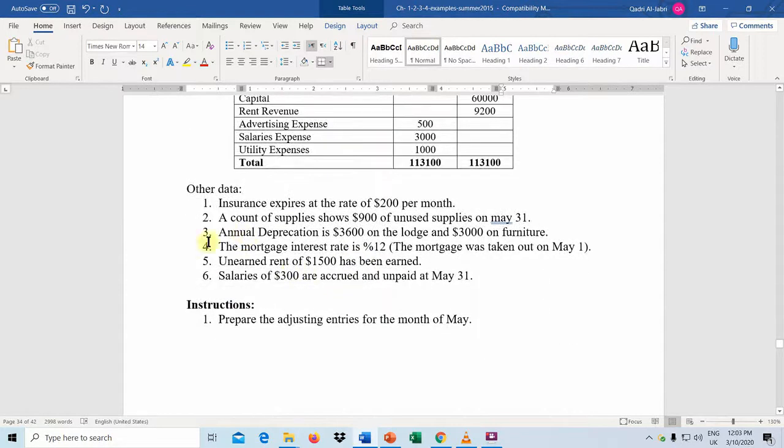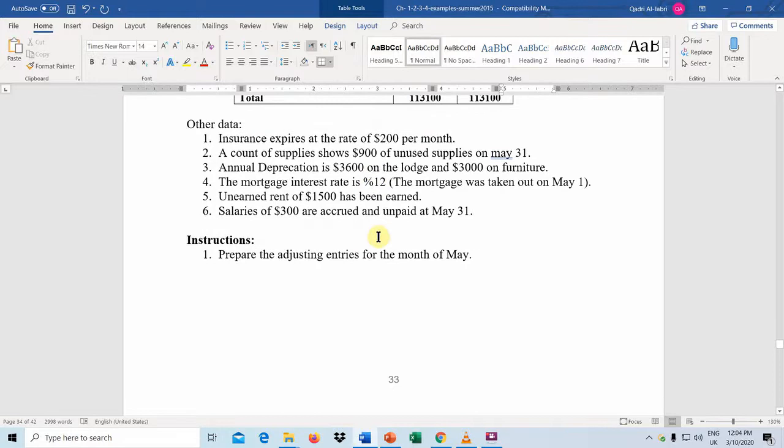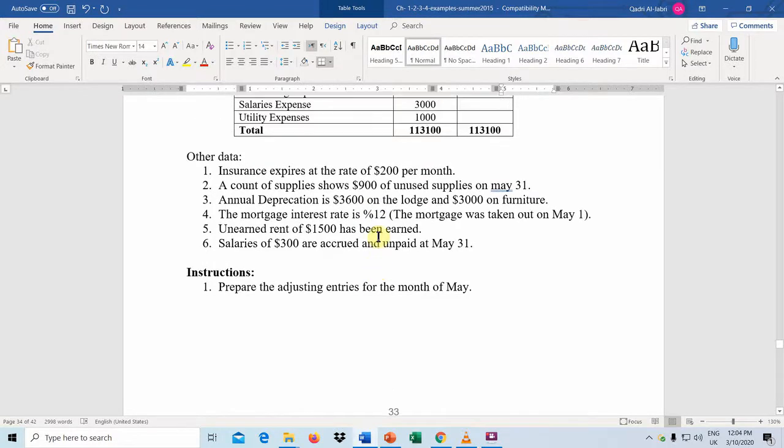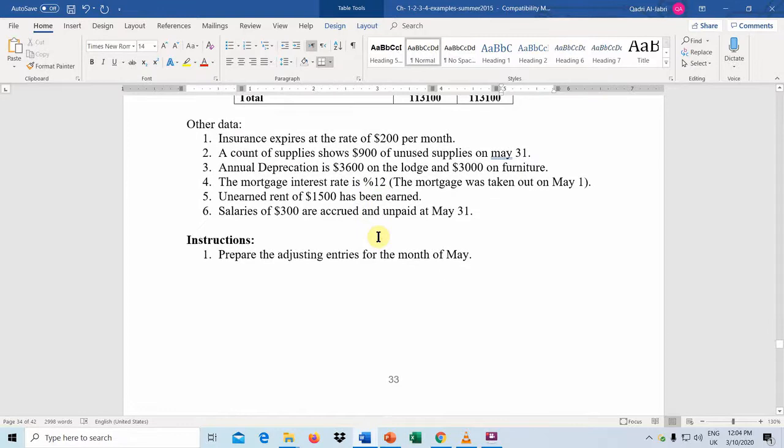Okay. Third one, annual depreciation is 3,600 on the lodge and 3,000 on furniture. So depreciation for a full year, annual means for the full year, 3,600. So we have to prepare 2 journal entries.